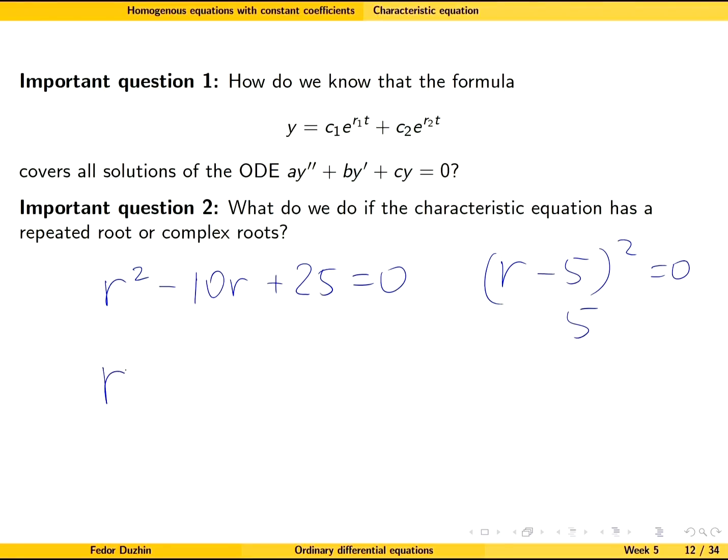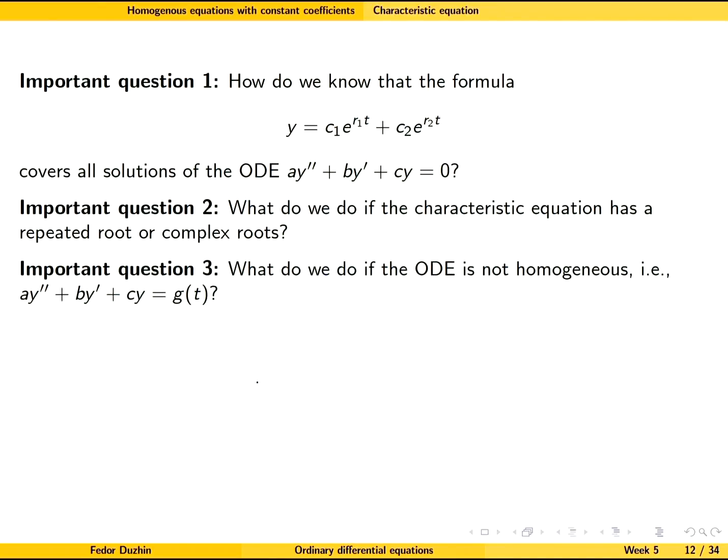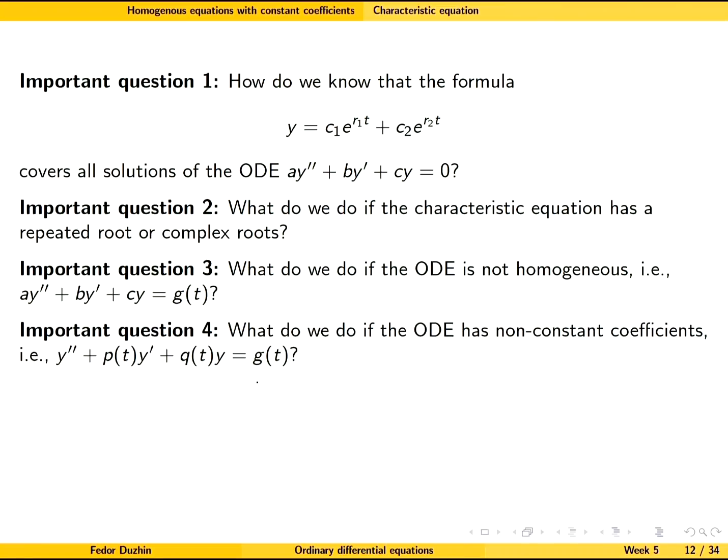Or if the characteristic equation is something like r squared plus 1 is 0, then we have complex roots. What do we do then? What if the differential equation is not homogeneous, if the right hand side is not 0 but some function of t? And finally, what happens if the coefficients are not constant?